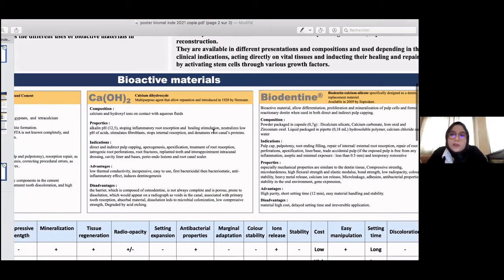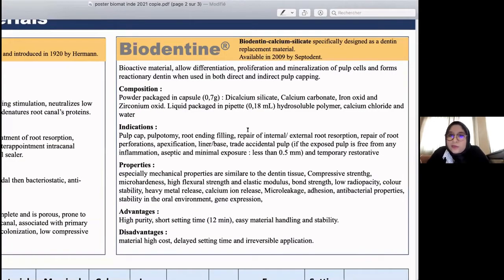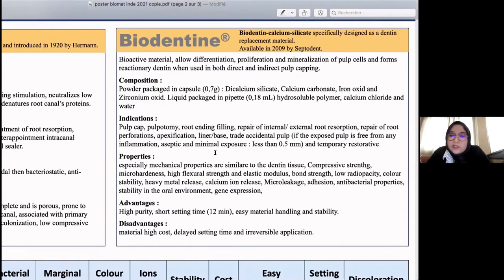The third material is Biodentine. Biodentine is a calcium silicate specifically designed as a dentin replacement material. It is available since 2009 and produced by the manufacturer Septodont. It's a bioactive material allowing differentiation, proliferation, and mineralization of the pulp cells. Most of the properties are common between the three described materials.